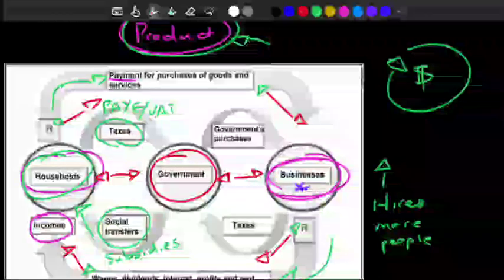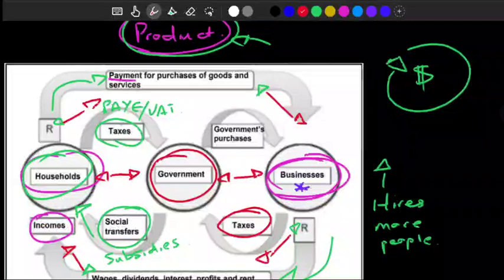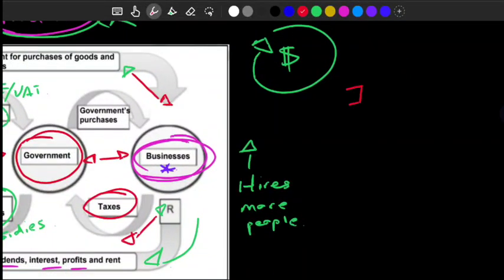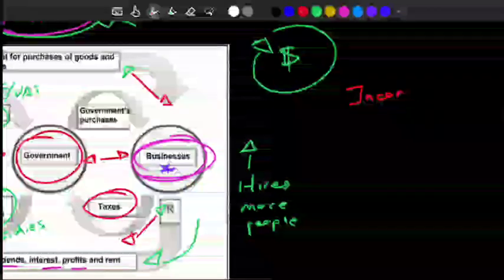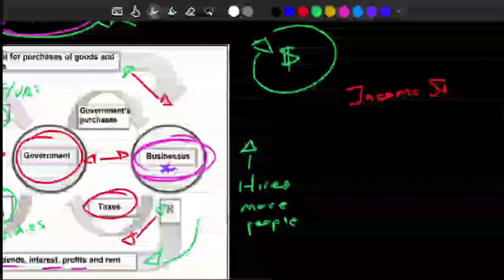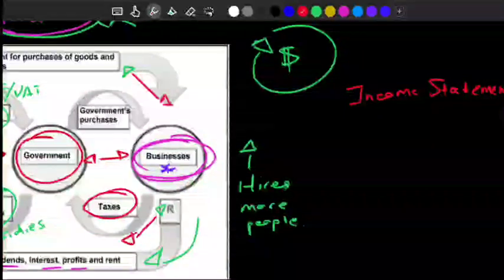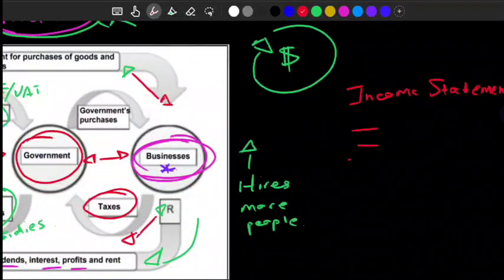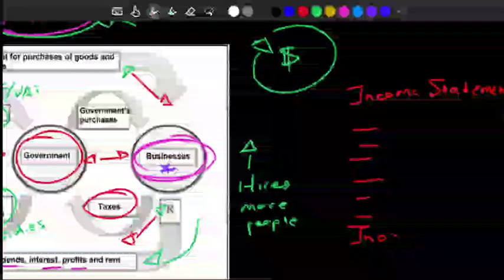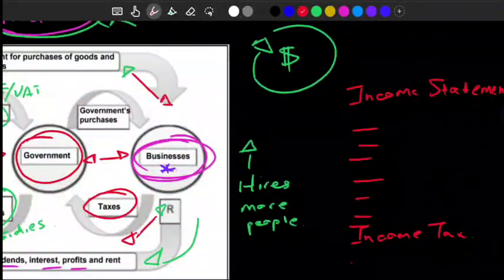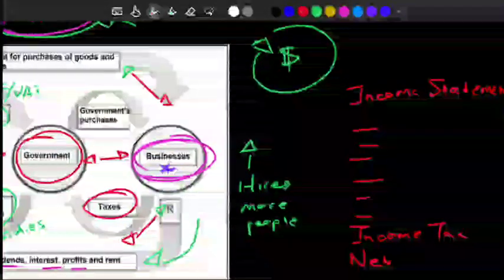Government charges businesses tax. Once again, if you do accounting, you have your income statement, right? And then at the bottom of your income statement, after all those line items, you have income tax. After that, you have your net profit, right?